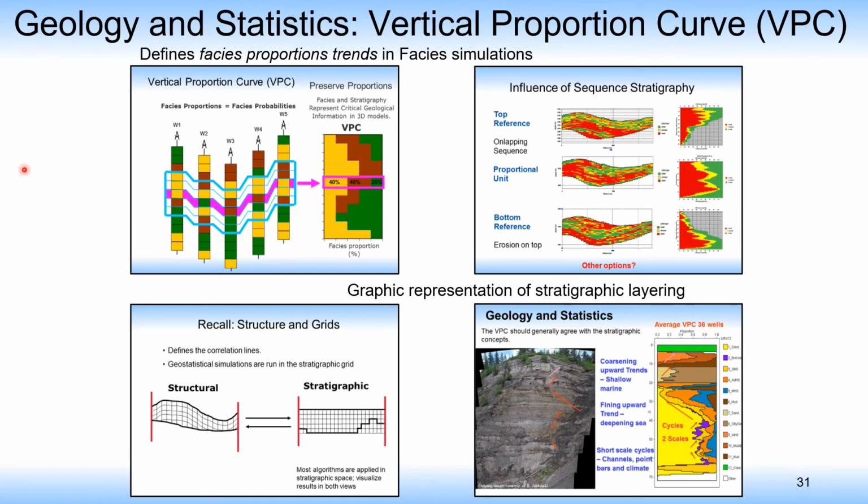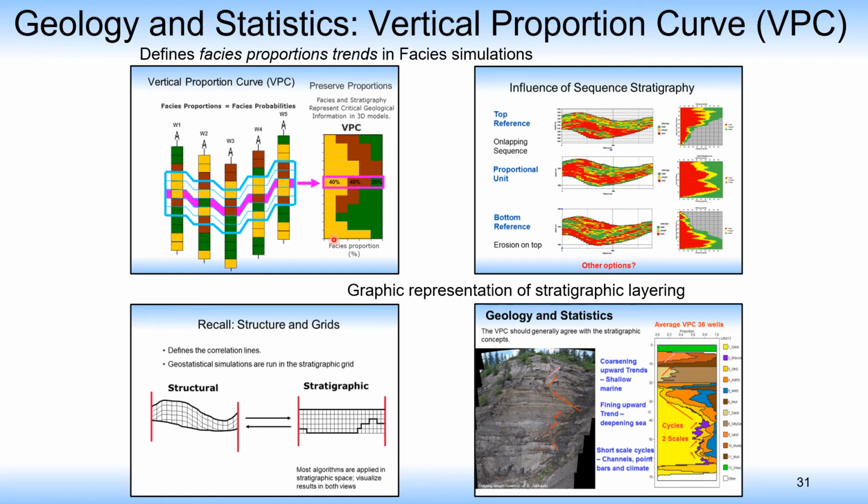Another important topic is the vertical proportion curve. That's a very key statistical tool in the geomodeling process. We have our grid system, our stratigraphic correlation lines, and along those K layers or correlation lines, we can sum up the facies into the proportion, the percent of each facies.